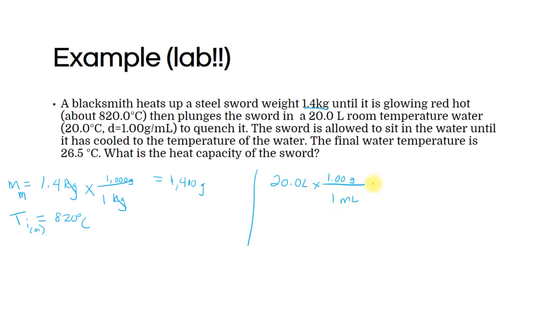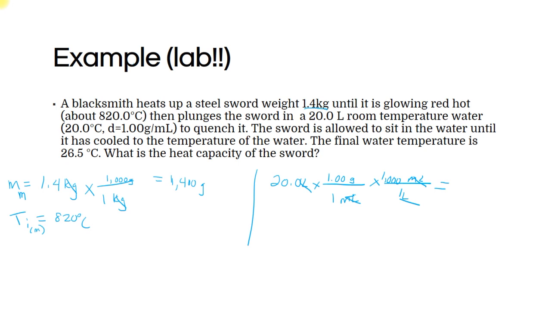Well, milliliters and liters don't cancel, so I've got to put in a relationship for those where I want to put milliliters on the top. So there's 1,000 milliliters for every 1 liter. So the milliliters cancel, the liters are going to cancel, and at the end we find out how many grams of water were present.